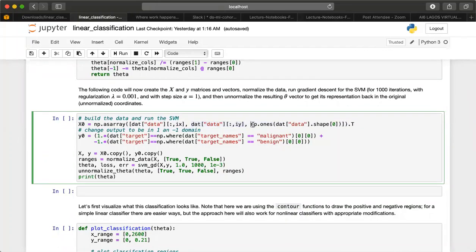And then we are adding a vector of ones to it. So remember I told you we are adding ones because of the intercepts that we have in our data. So one is just basically the coefficient of that intercept. And then we are transposing it so that we'll be able to do matrix multiplication with our theta, yeah?